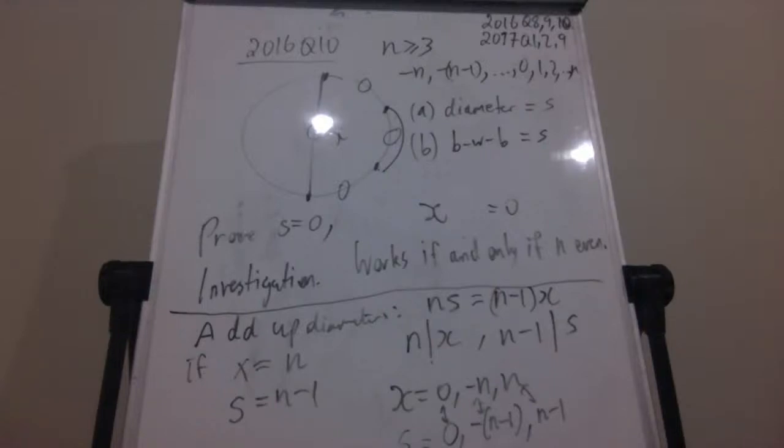So right now s equals n minus 1, so it has to add up to n minus 1. And the black, white, black has to add up to n minus 1, right? It's kind of intuitive that it won't work, because you don't have that many big numbers.